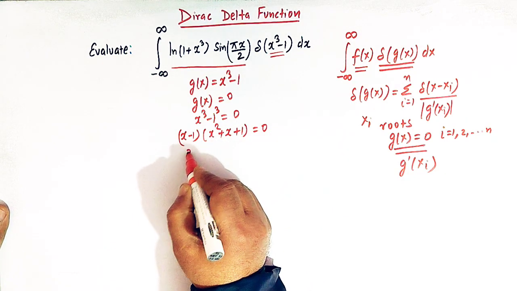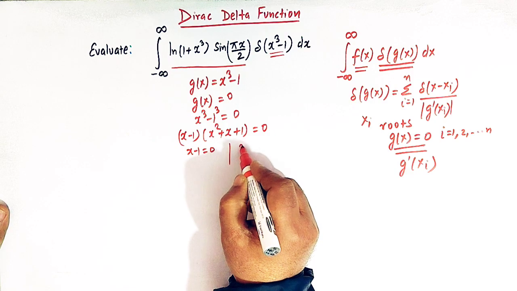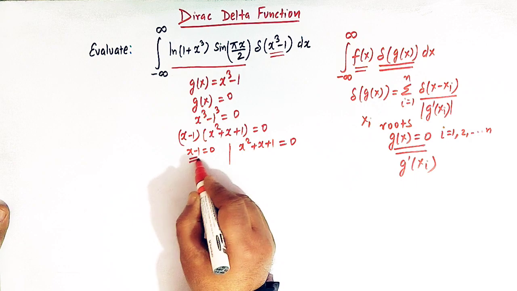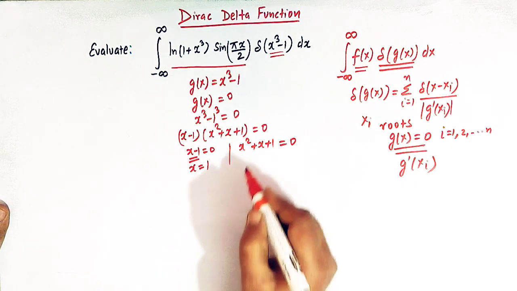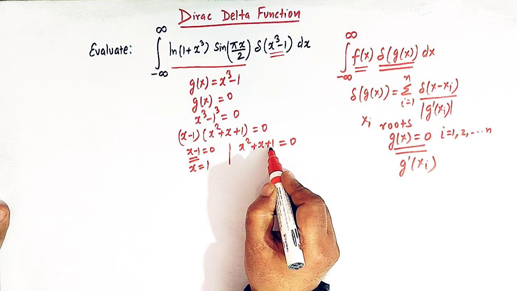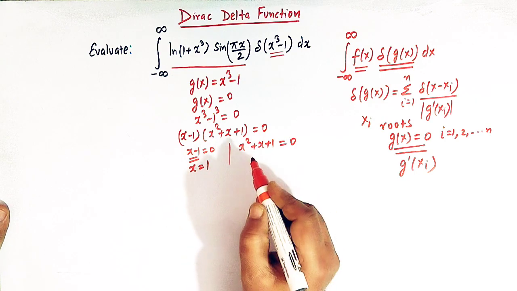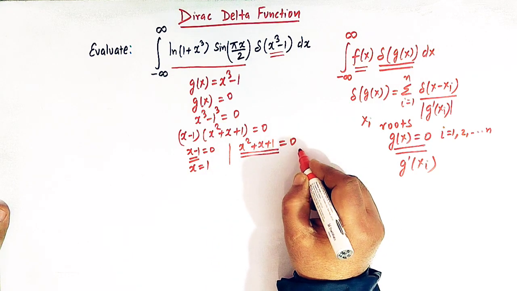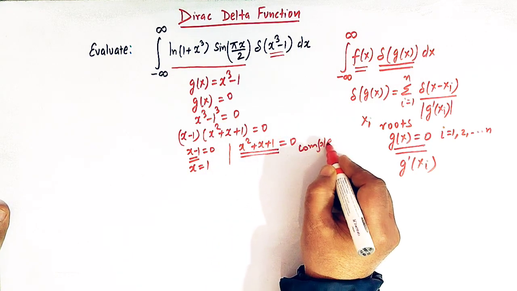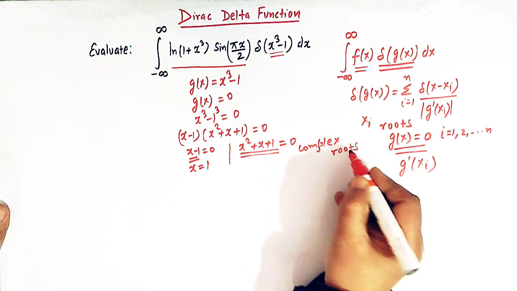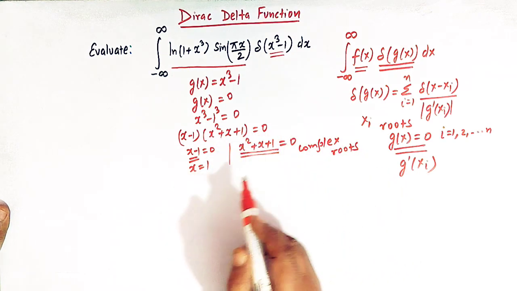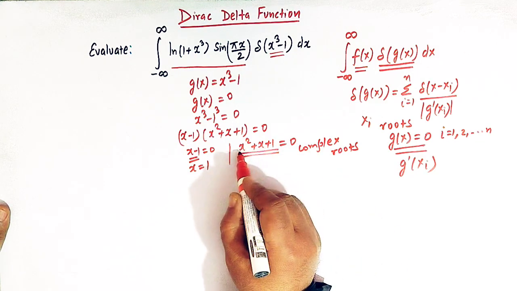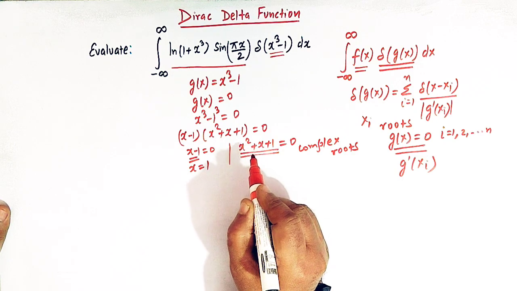So x minus 1 is equal to 0 gives x is equal to 1, and x square plus x plus 1 is equal to 0 is a quadratic equation with two roots, but we can easily see that they are complex, because the discriminant is negative.